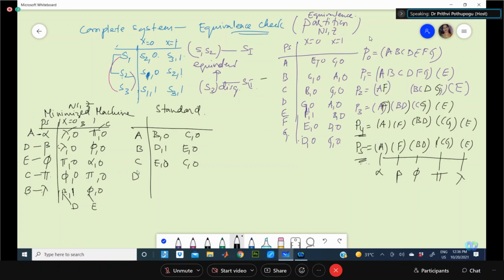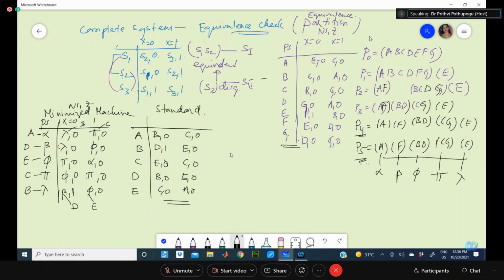D goes to D0 and E0. E goes to this one. E goes to C0 and A0. This is your standard form. Now, the original given 7-state machine, we were able to minimize to 5 states. That is, the redundancy checkpoint is taken care of at this level.